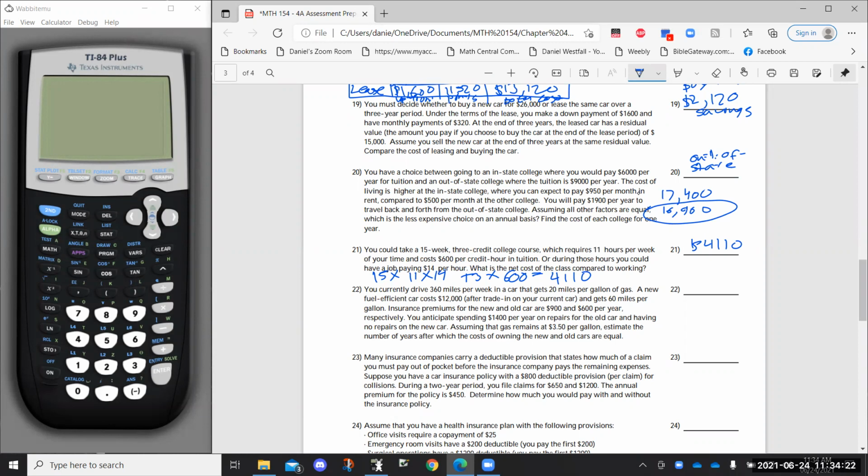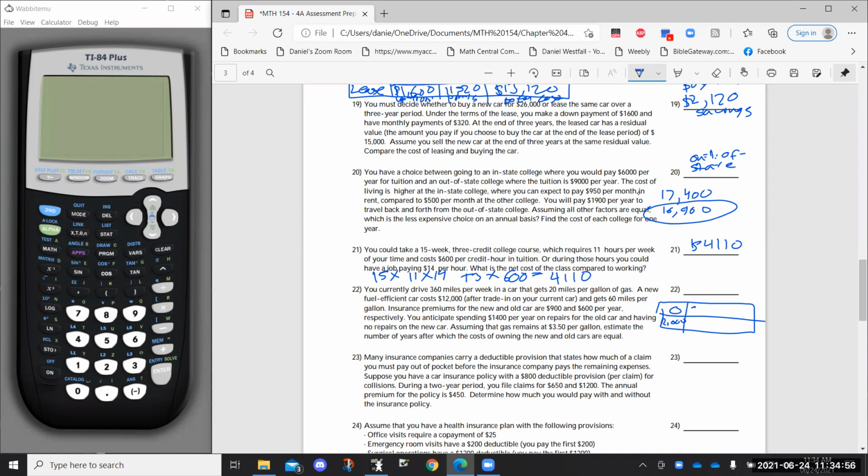You're going to find that your table looks something like so, where this is zero, this is 12,000, your upfront costs.